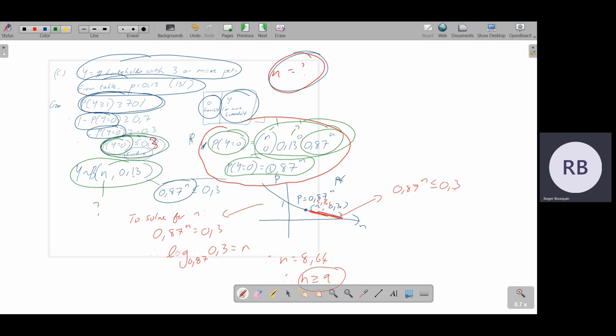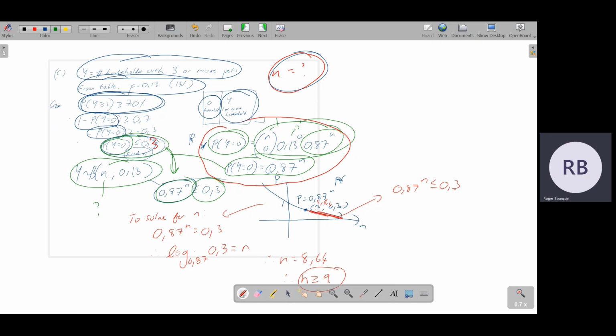So combining those two things, the probability of y equal to 0 is 0.87^n, and 0.87^n must be less than or equal to 0.3. That's what I'm trying to solve now for n. Let's think about this, because in the end it must be less than or equal to.